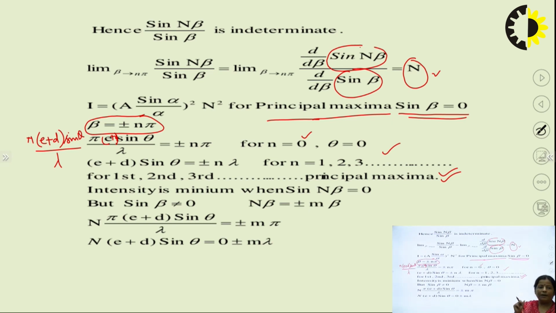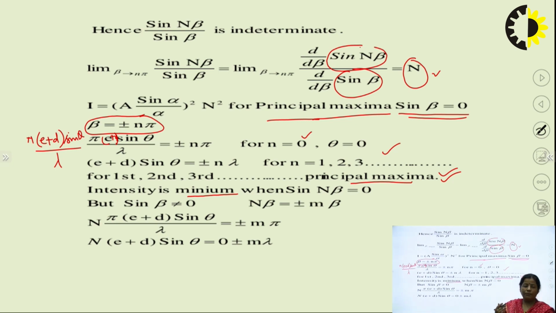Once we identify all the positions theoretically, we will be looking at the pattern which is experimentally obtained, and then we will understand what positions we are talking about. Now, after the principal maxima, the next position which we obtain in the pattern is the position of the minima. So this will be the next position which we will identify here.